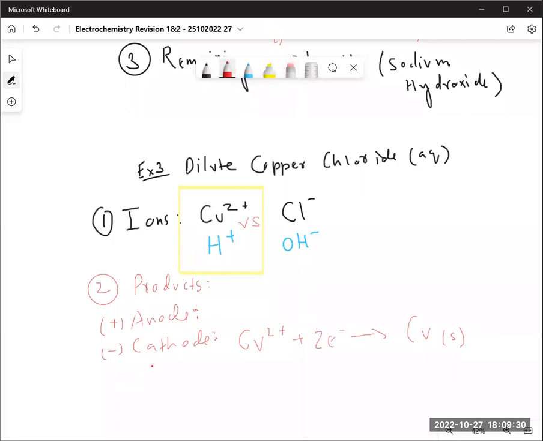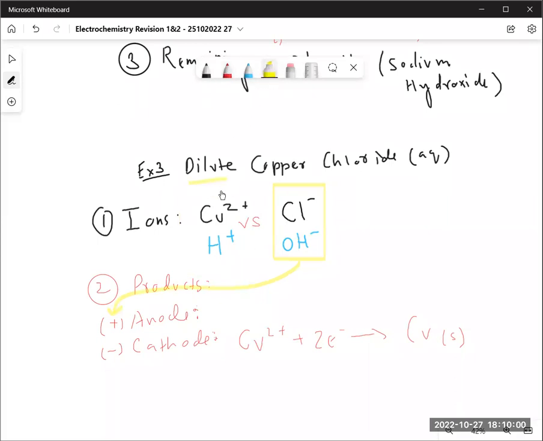For the anode, Diana, tell me what will form. Between these guys, the negative ones. The negative ones go to the positive electrode, the anode. So on the anode, what is going to form? Cl minus or OH minus?